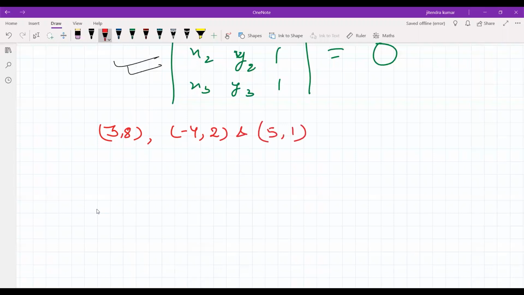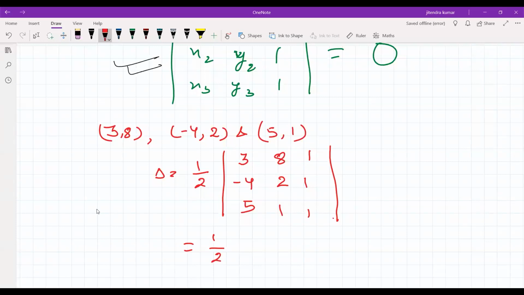We are going to apply just this determinant formula. So this is equal to half of the determinant 3 minus 4 5, 8 2 1, then 1 1 1. We just have to solve this determinant and we will get the area of the triangle.